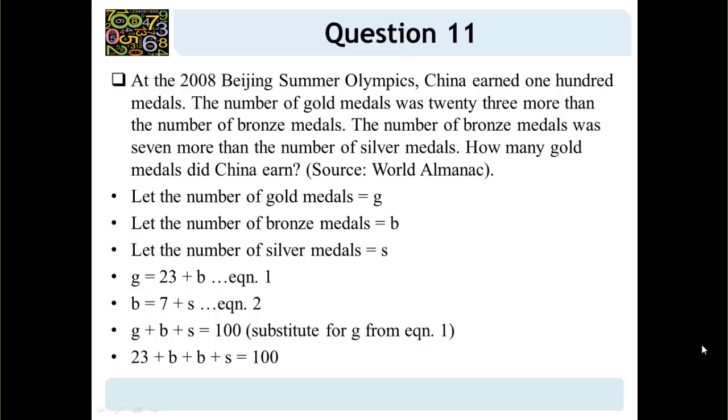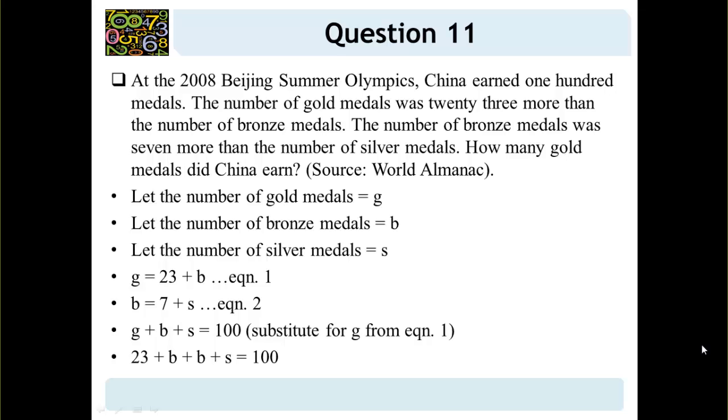So what do we do now? We want to translate all the equations to have just one variable. So we substitute for G from equation 1. We substitute 23 plus B for G. What does that mean?